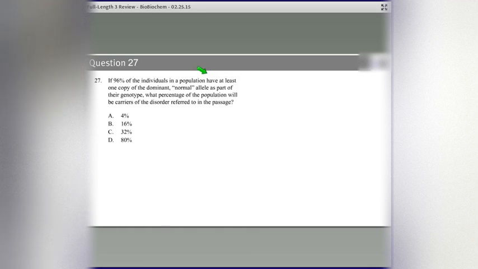So when they say at least one copy, that means they can have one copy or they can have two copies. So if we can have one copy or we can have two copies, I'll ask again, are we talking about an allele percentage or are we talking about a genotype percentage? If there's a possibility that we could have two copies of this dominance.